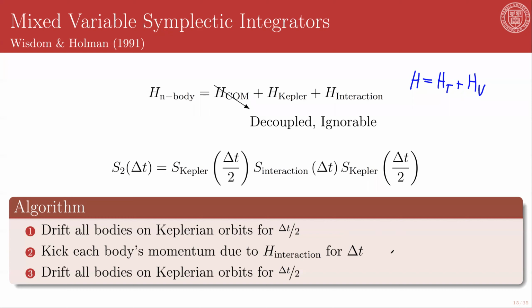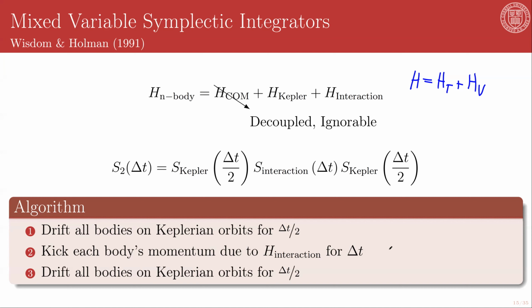It does not allow for close approaches, significant interaction between any pairs of bodies, and it also locks you into the timescale of the body on the shortest orbit. And so again, if we're integrating the solar system and we wish to include Mercury, then we are kind of limited in this scheme by the period of Mercury's orbit, which is very, very, very small compared to the period of the orbits of the outer planets.